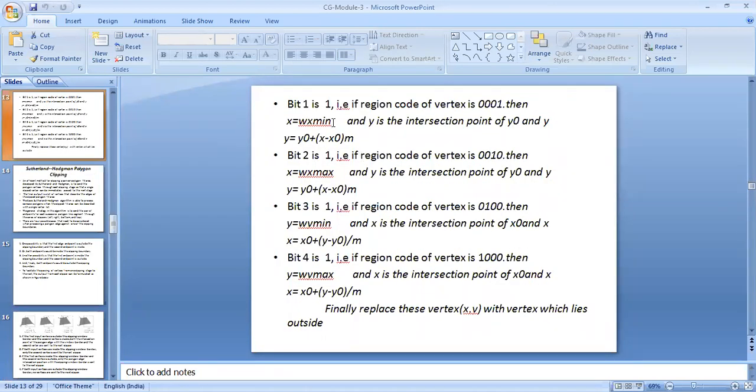And for clipping, we check if bit 2 is 1, if bit 3 is 1, bit 1 is 1. When will bit 1 be 1? When the line is above the clipping window. When will bit 4 be 1? When the line moves towards the left of the clipping window. So this is about line clipping.